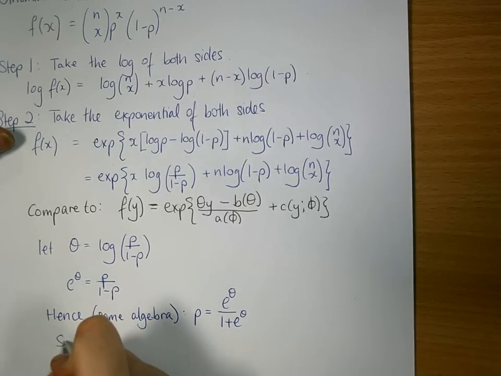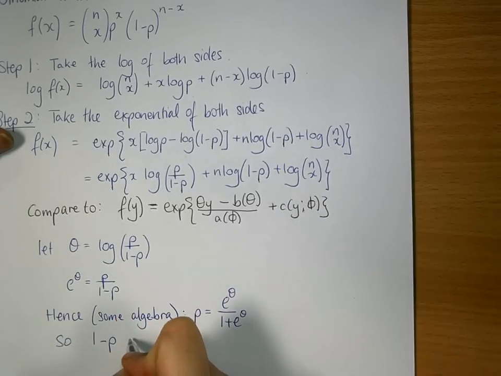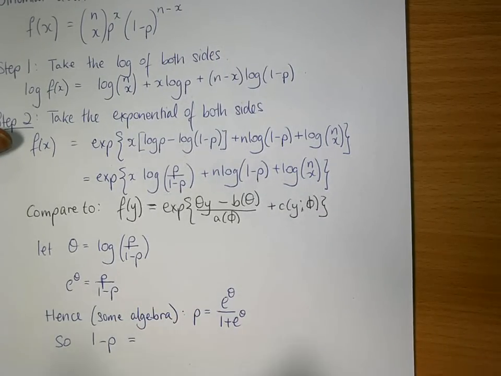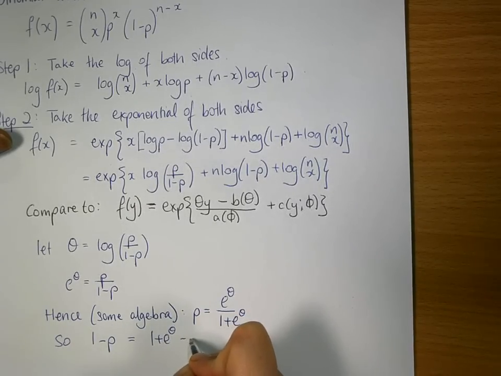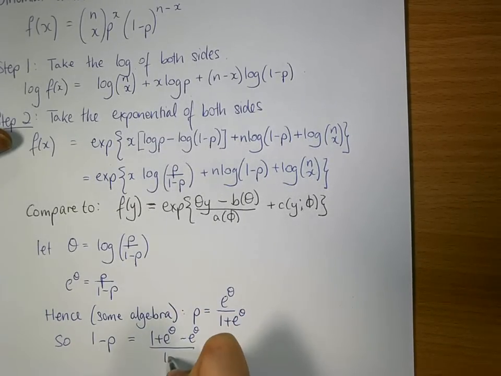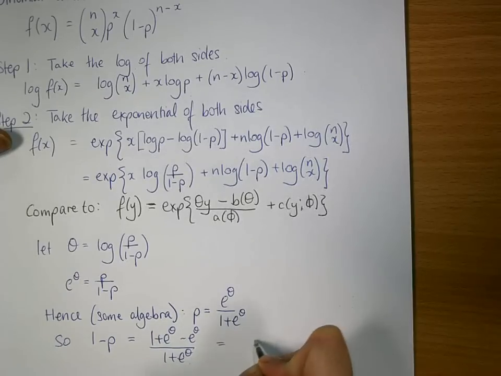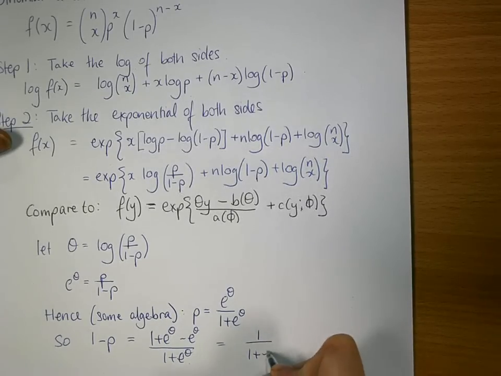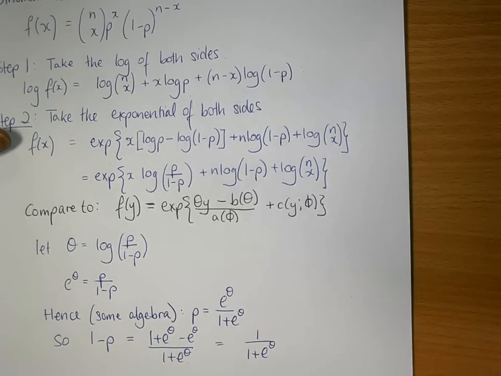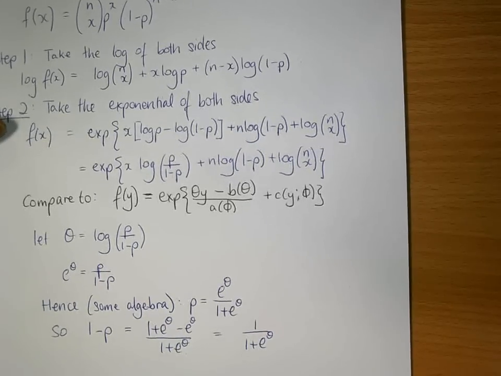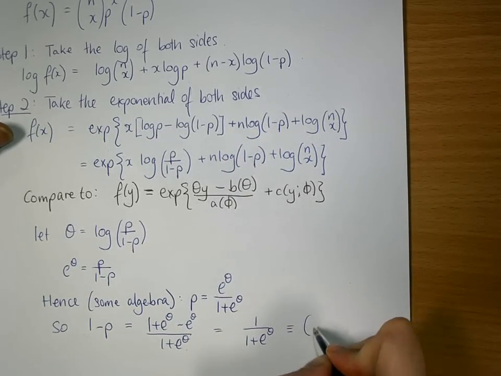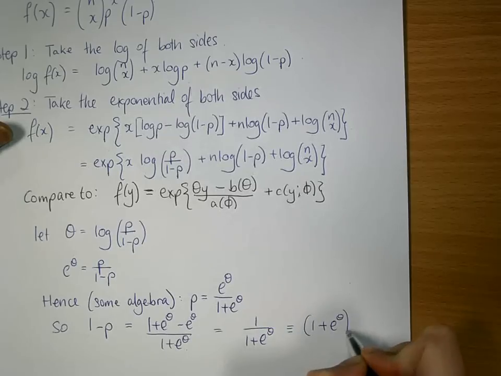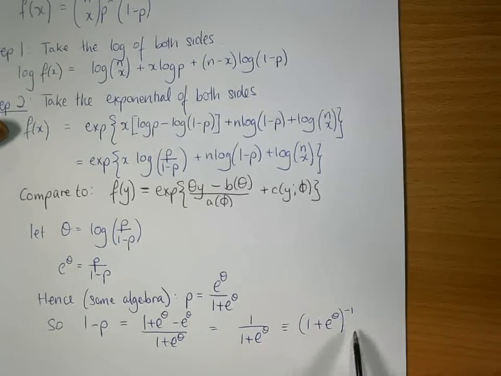So 1 minus p is equal to 1 plus e to the theta minus e to the theta over 1 plus e to the theta. So that's equal to 1 over 1 plus e to the theta, which is equivalent to 1 plus e to the theta to the power of minus 1.